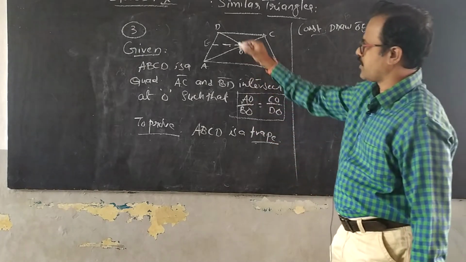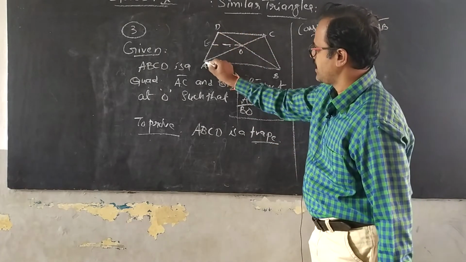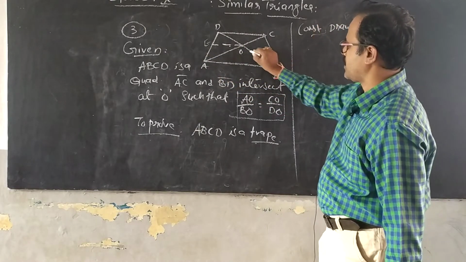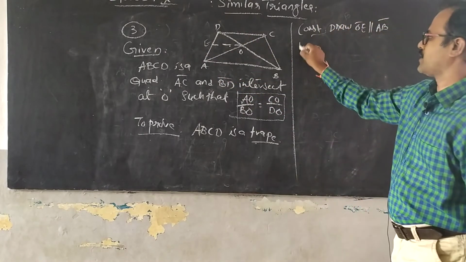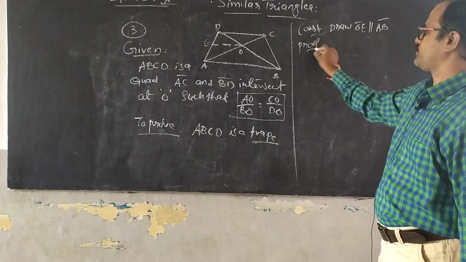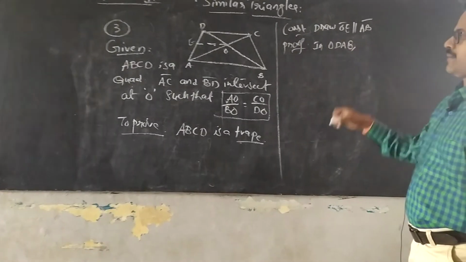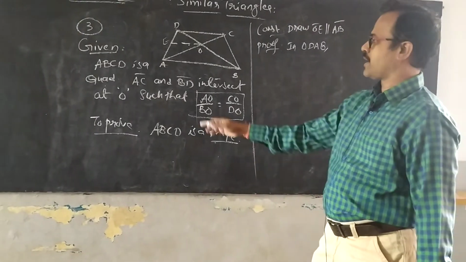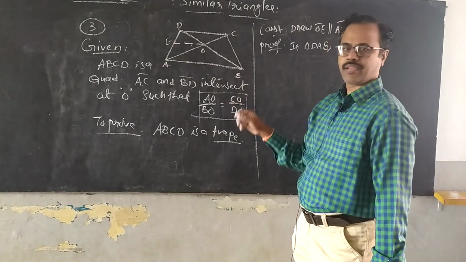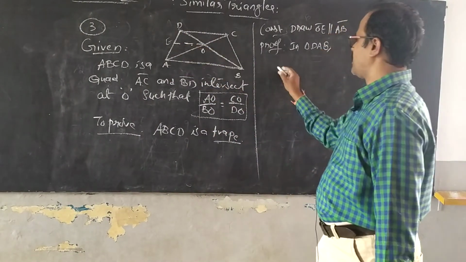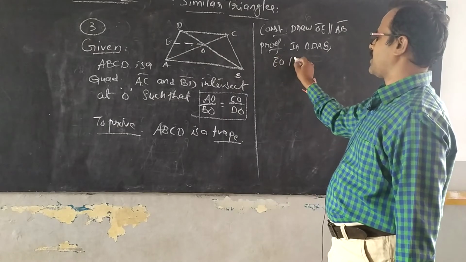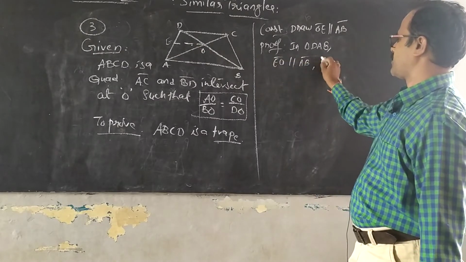Now you observe carefully, we have a triangle DAB. Into the proof. In triangle DAB, what is parallel we have taken? EO line segment parallel to AB line segment.